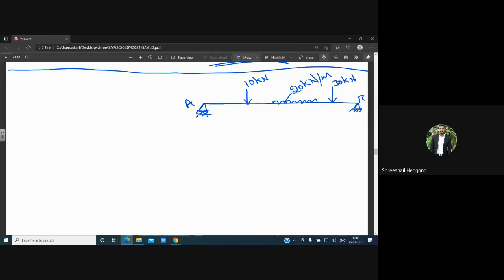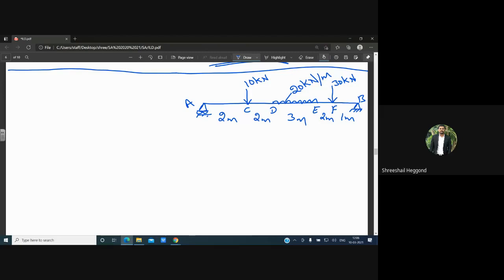Suppose A is a support and the points in between can be given as C, D, E and F. The distances are 2 meter, 2 meter, the UDL is of 3 meter, and the point loads are 2 meter and 1 meter. These are the loading conditions given.